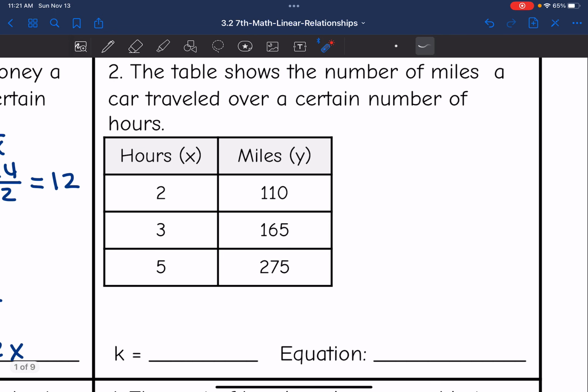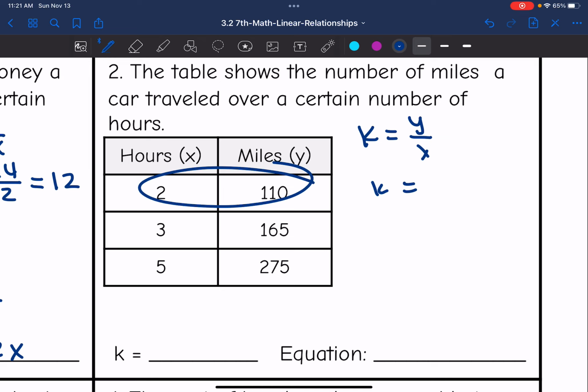It says the table shows the number of miles a car traveled over a certain number of hours. So this relationship is not as intuitive to me. I cannot think of a number off the top of my head that I would multiply each of the x values by to get the y value. So I will just divide k equals y divided by x. So I will do this first ordered pair, I'll do 110 divided by 2.